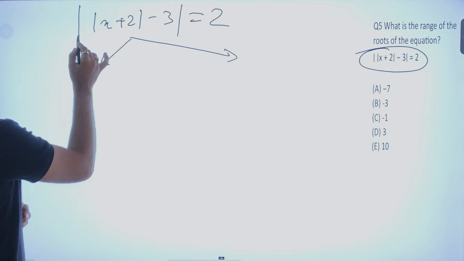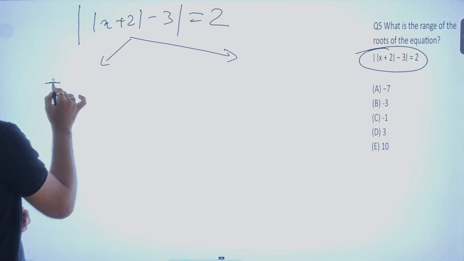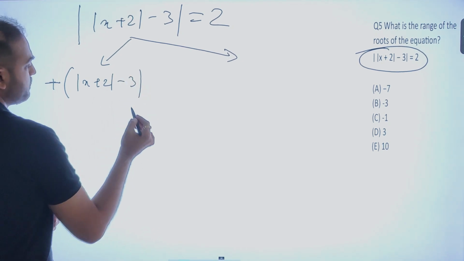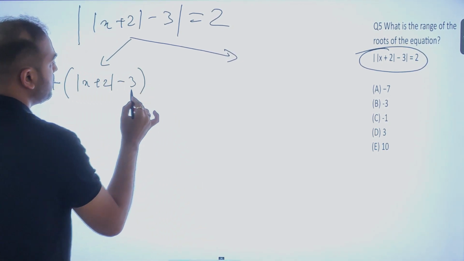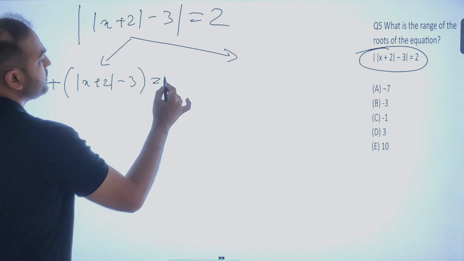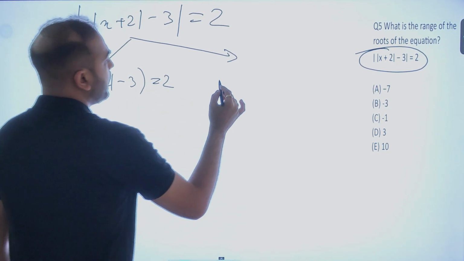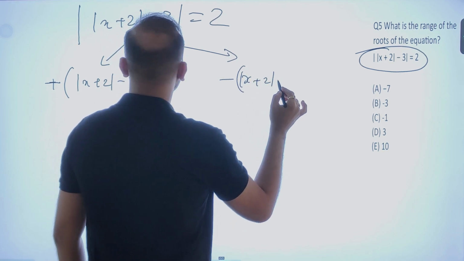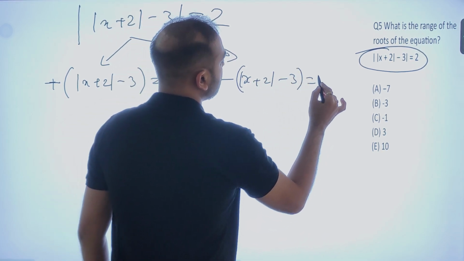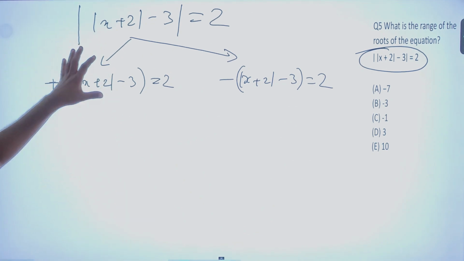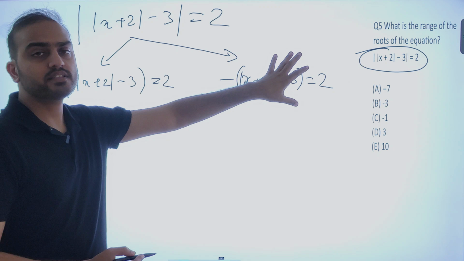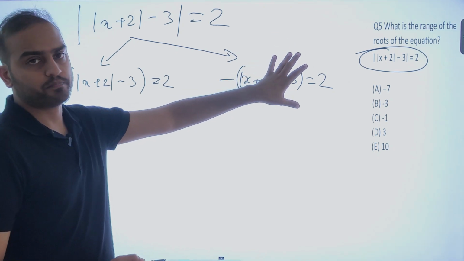The entire outside modulus will be replaced with a plus sign, and likewise the entire modulus is replaced with a negative sign.